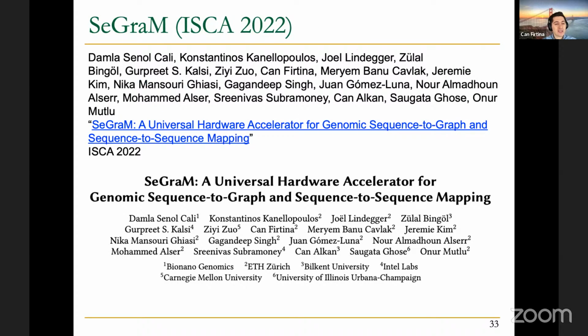So this is another work that was presented in ISCA, Segram. This is essentially the first work that uses graphs to accelerate genome analysis, so that we can perform genome analysis using graphs, right, using hardware acceleration.